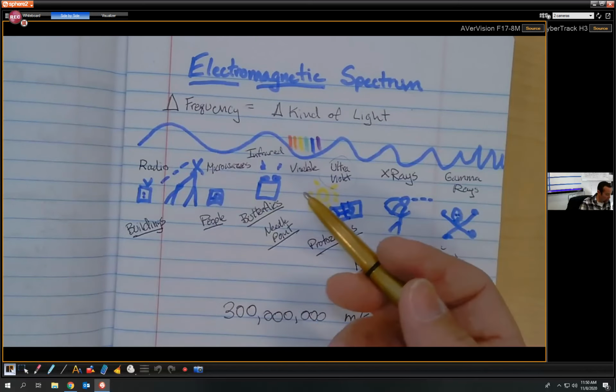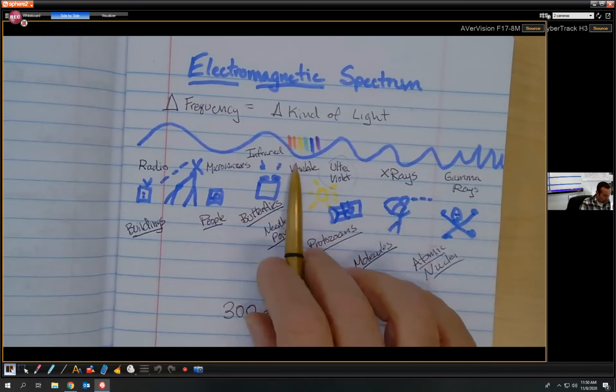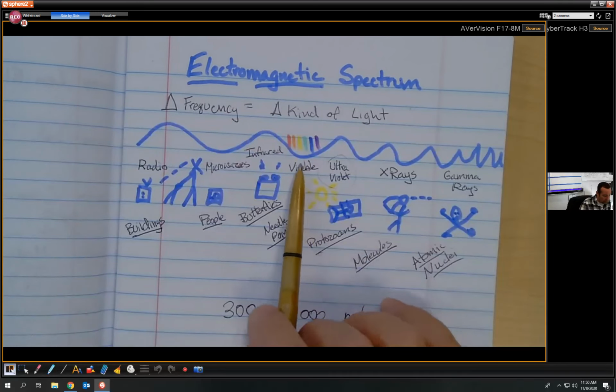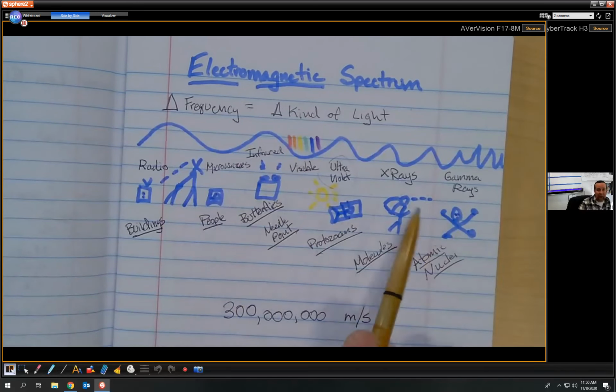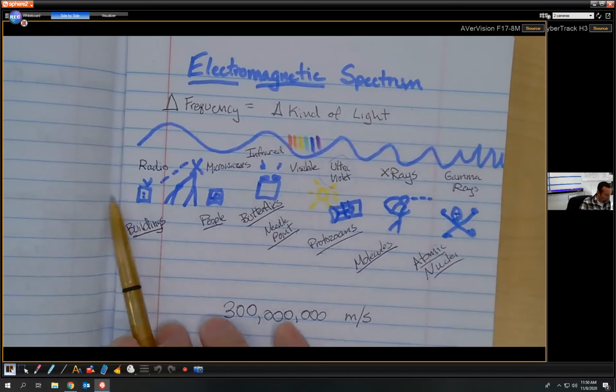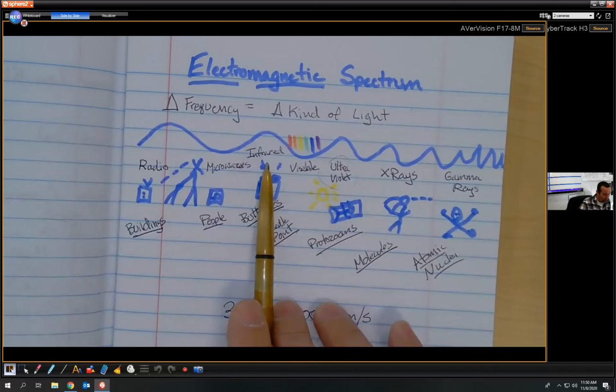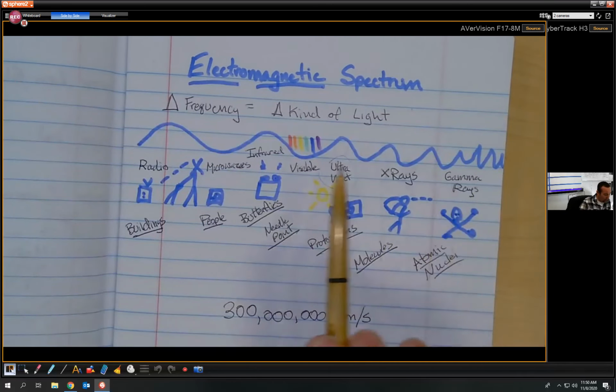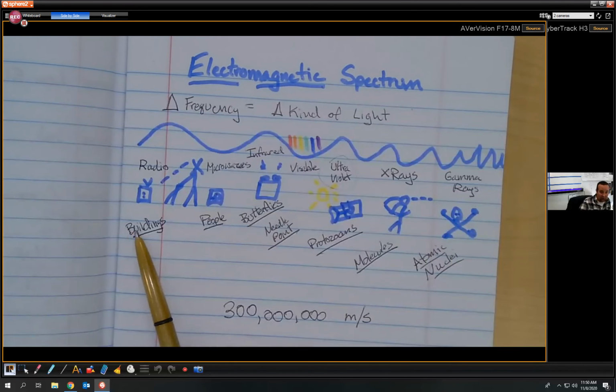Some kinds of light we can see, and usually that's just visible light. But there are many other kinds of light that we are interacting with on a daily basis that we don't see. They start off with radio waves, become microwaves, infrared, visible light, ultraviolet, X-rays, and gamma rays. Their sizes start off big and get incredibly small as we go: buildings, people, butterflies, needlepoint, protozoans, molecules, and atomic nuclei.